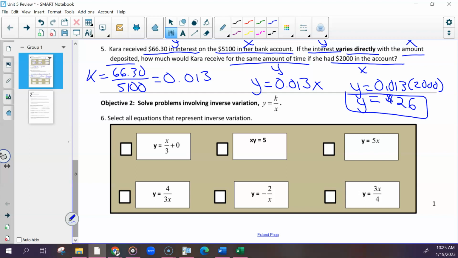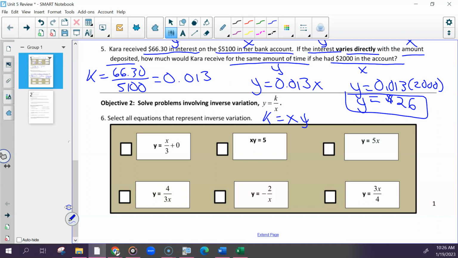If it does, it's direct. If you're looking for inverse, then that obviously wouldn't be inverse. If it looks like this, where your x is in your denominator, it is inverse. Or for our k, if it looks like x times y or y times x, then it's also inverse. And then we can graph it and see, does it look like inverse or not?